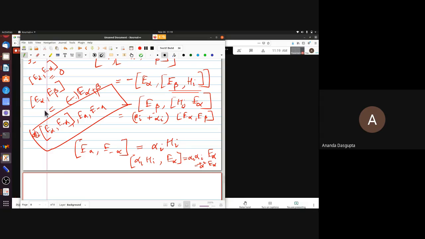So if you keep on hitting with E alpha, you're going to add alpha every time. You may not be able to say which one is increasing, which one is decreasing, but you can go up in alpha, and E minus alpha makes you go down in alpha. So if you want a finite dimensional representation, what does it tell you?